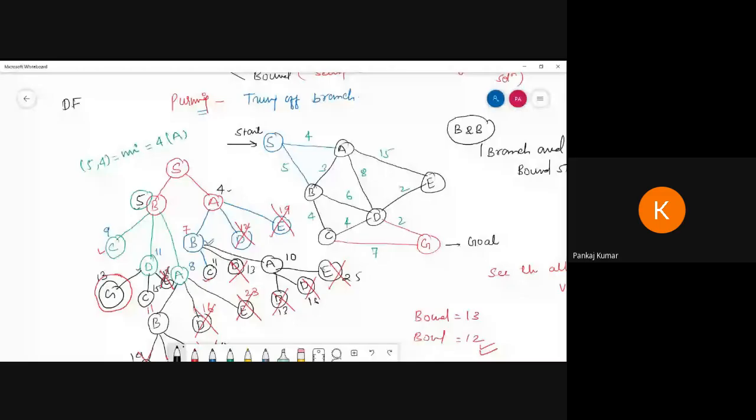Okay. Anyone have a doubt regarding branch and bound? Anyone doubt? So basically, we can use depth first search. Okay, now see, depth first search we are basically using.